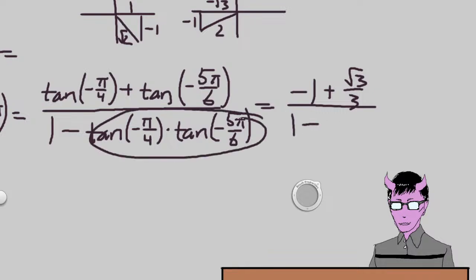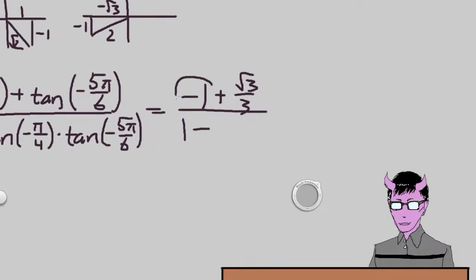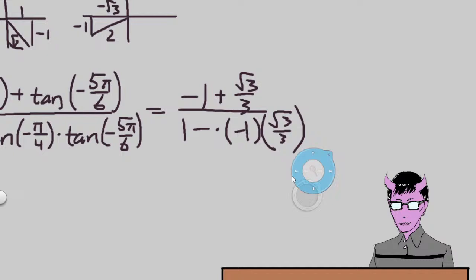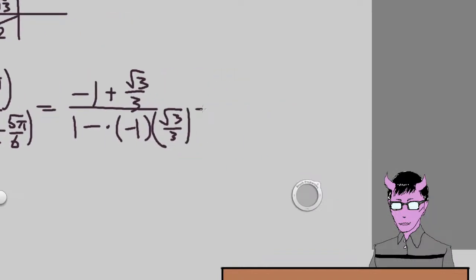And then this one is just going to be this one times that one. Alright, some mistakes have been made maybe. Copy paste the top. Simplify that nastiness right there.